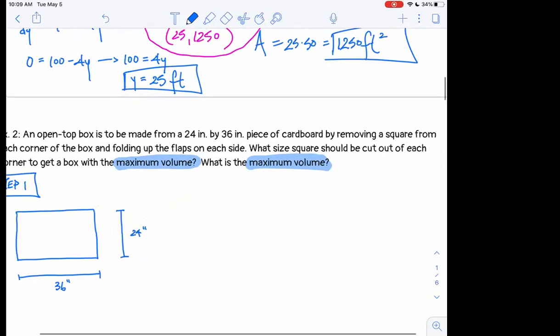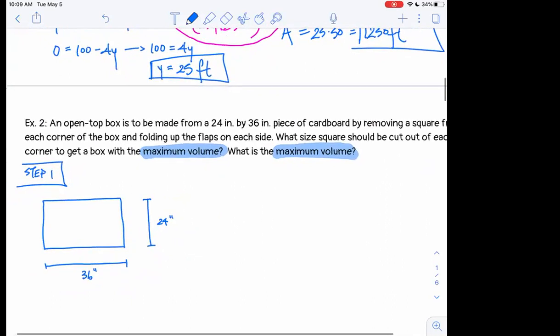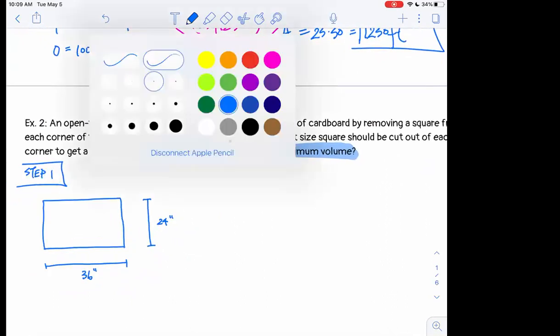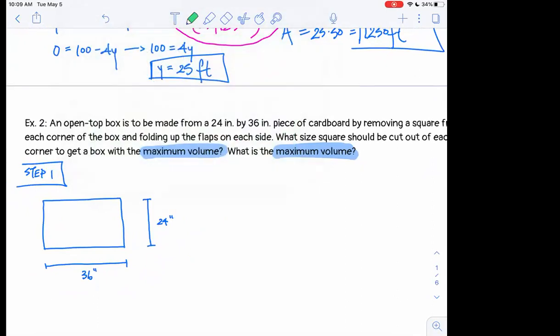And now I'm going to remove a square from each corner of the box. Okay. So that means that I'm going to take a box cutter or some scissors and I'm going to cut a little corner out, a little square out from each corner.